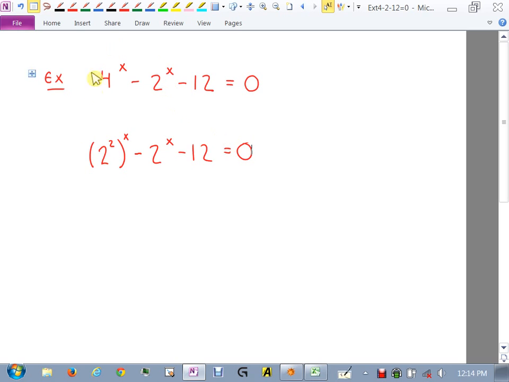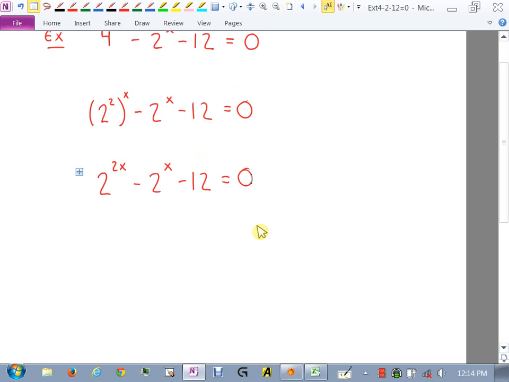And then if you have something to a power and then all of that to a power, what do you do to these powers? Multiply. So isn't this 2 to the 2x minus 2 to the x minus 12 equals 0? Yes? You all right with that?